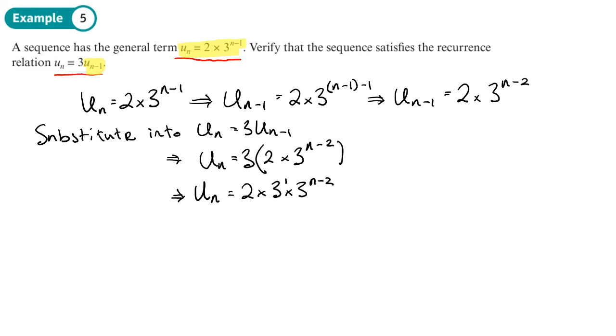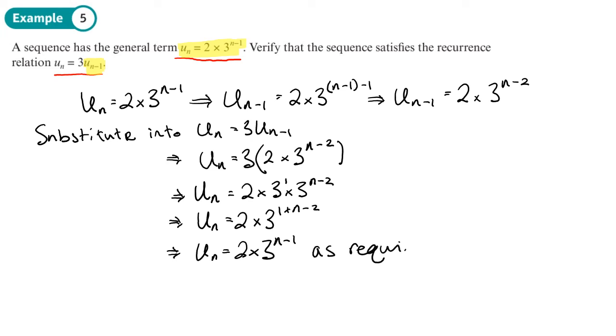So this is the same as power 1, which means we just add the powers of the 3 because we've got the same base. So 2 times 3 to the power of 1 plus n minus 2. So that will give us u_n equals 2 times 3 to the power n minus 1, which is what we started with here. So we've proved it as required. Or we could say that the general term satisfies the recurrence relation.